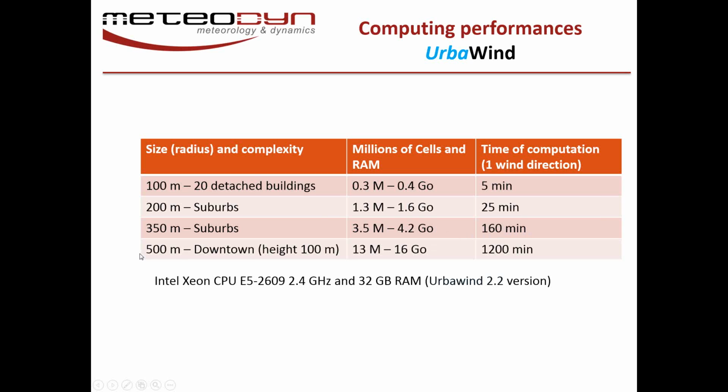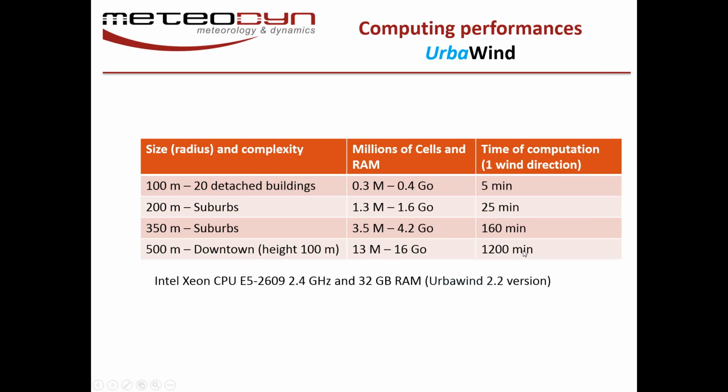And for a very large and complex case, with a 500 meter radius, which is 1 square kilometer, with buildings about 100 meters high, very complex, it's about 16 gigabytes of RAM and about 20 hours. All those computations are done using this configuration.